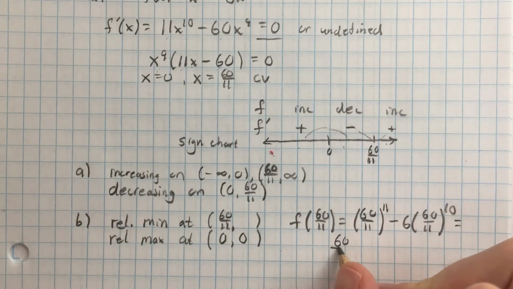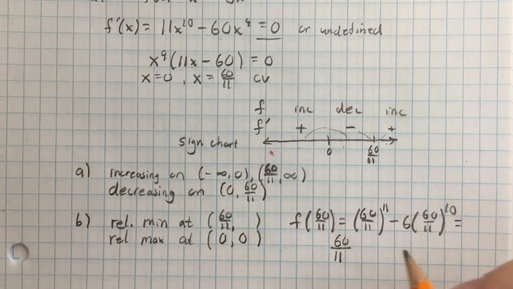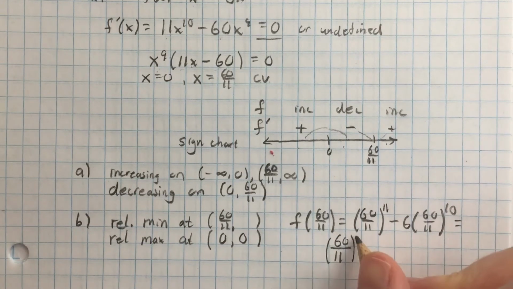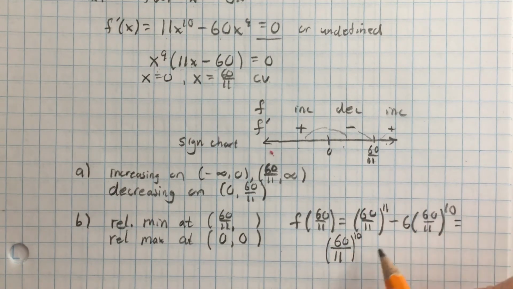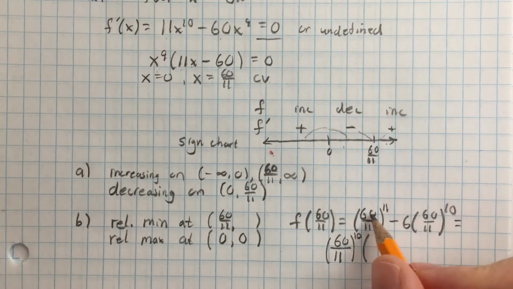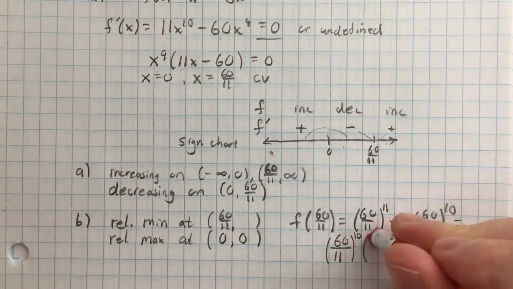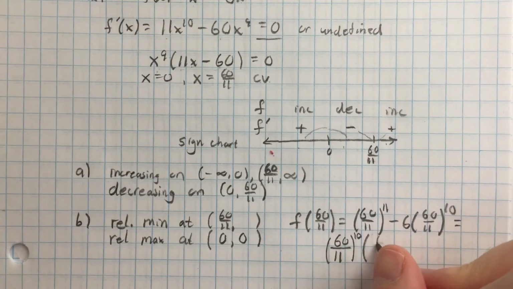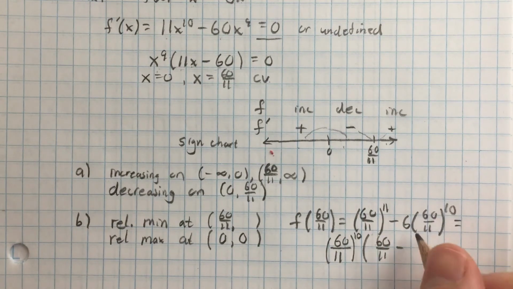We're not going to write this out as a final value, but just to at least make it look better, simplify a little bit if we don't calculate the value of the whole thing. So 60/11ths to the 10th power, and we'd have left inside a 60/11ths from this term, and then minus just 6 itself.